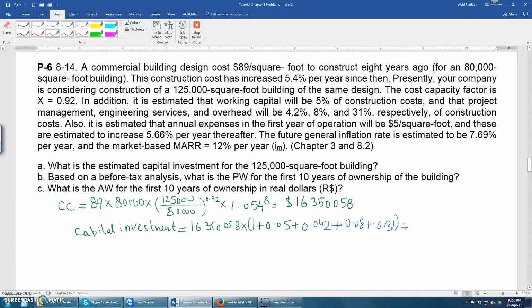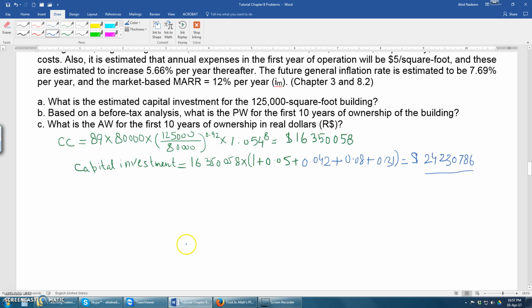So this will be $24,230,786. So this is the total capital investment. So this is the answer for part A.